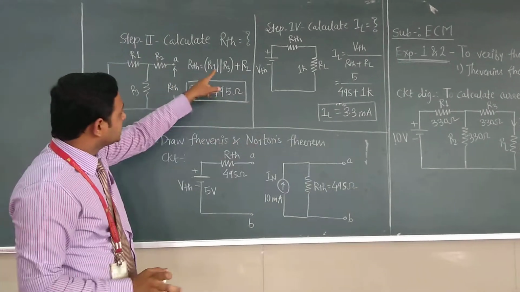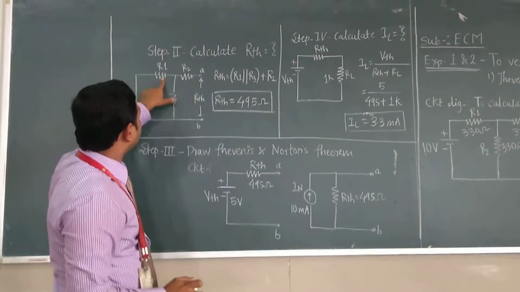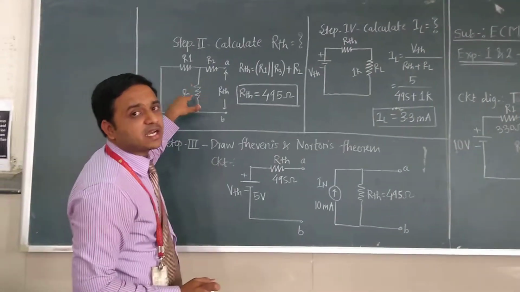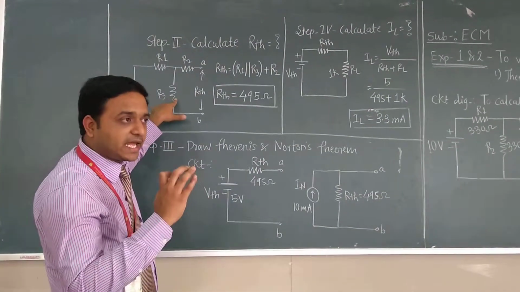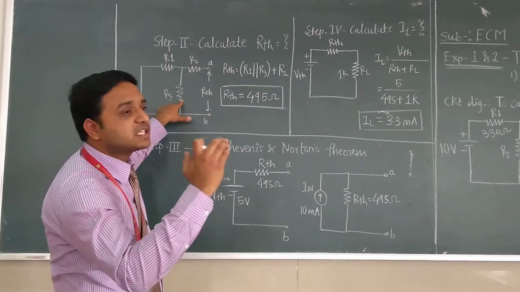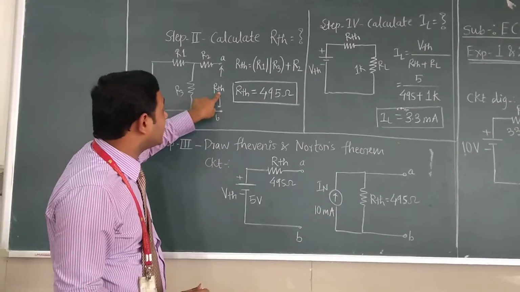In this circuit there are 1, 2 and 3 resistors connected. So the aim of Thevenin's theorem is to calculate the equivalent of that resistance.